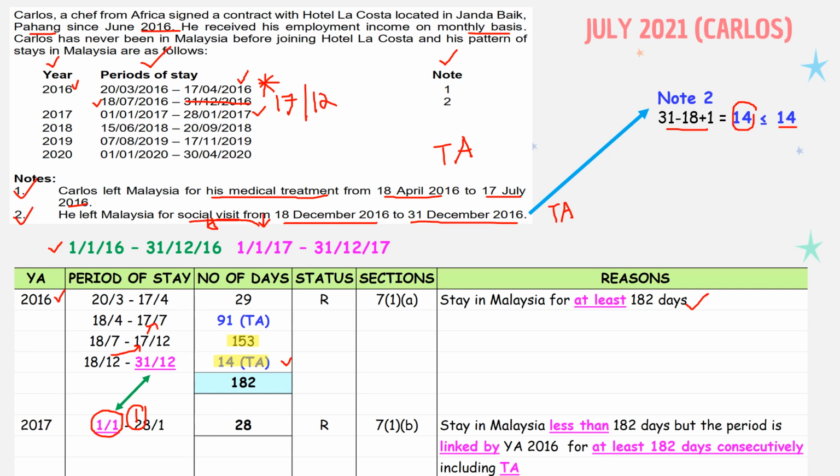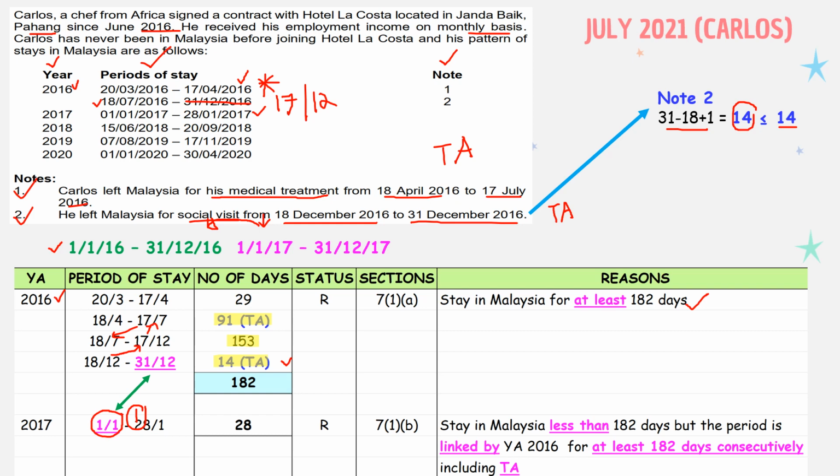Make sure the period is consecutive first. 17 July to 18 July, consecutive. However, guys, this is TA, isn't it? Before you can use TA, you need to make sure the period before and after is present in Malaysia. Okay, let's check it out. TA starts 18 April. So before 18, do we have 17? Yes. Last TA 17 July.